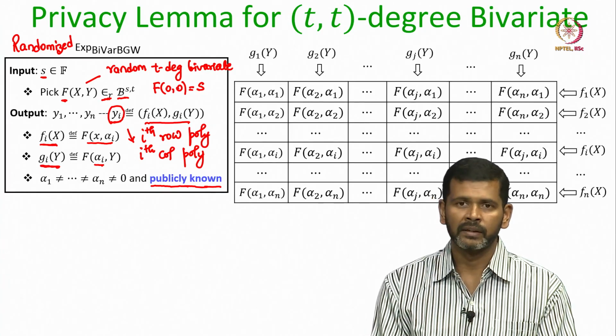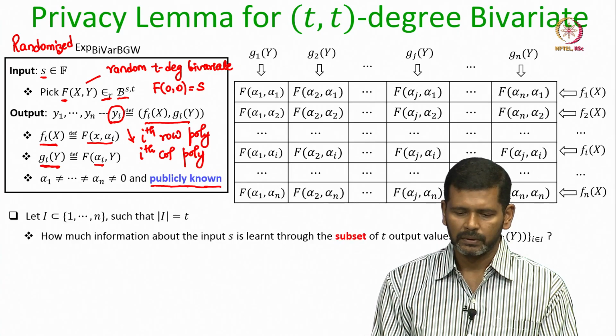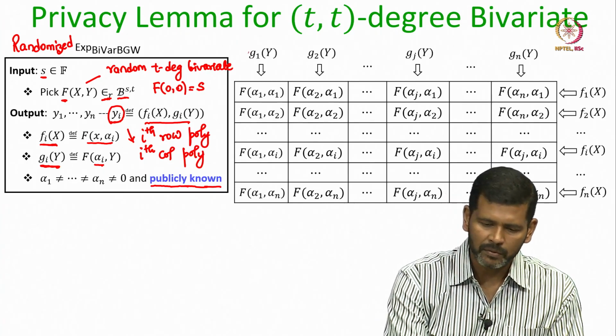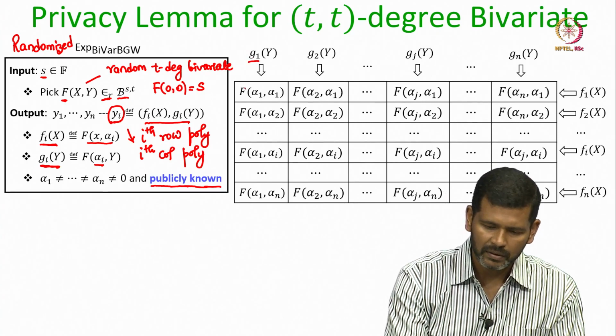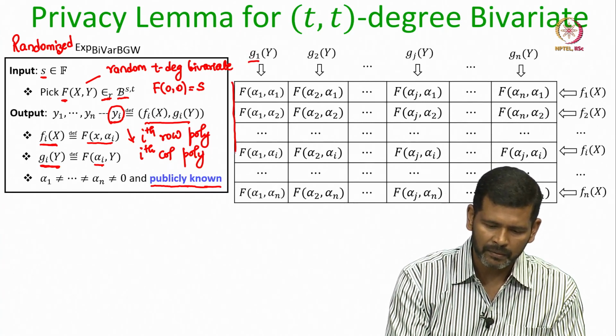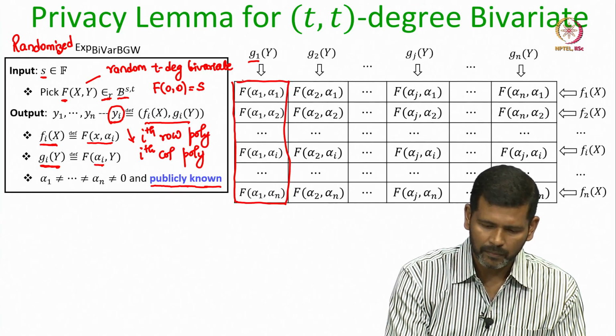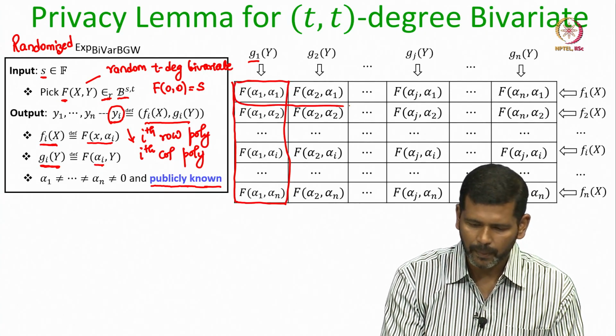So, this is the matrix view. What you can imagine is that the experiment outputs, as the first output, the pair of the first column and the first row.